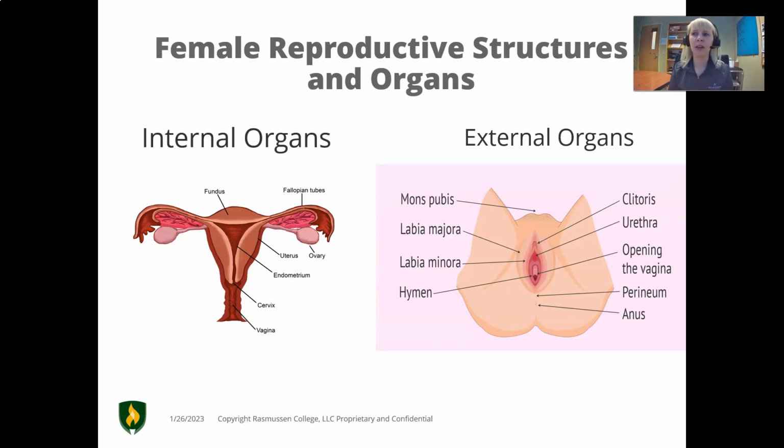The breasts are composed of mammary glands, and they are found in both male and female patients, but they only have a function in the female reproductive system. The breasts are not directly related to the reproductive system, but they become important after a baby is born and after delivery. Their role is to secrete milk for nourishment for the newborn through a process we call lactation.